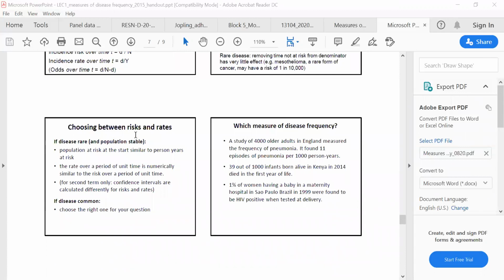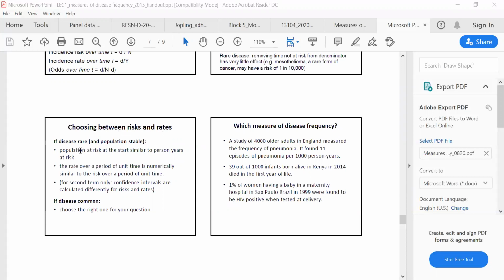Then this one, we are just trying to explain when you use risk or rates. If a disease is rare and the population is stable, so remember, if the population is not changing and the disease is rare, usually a risk and a rate always give you the same value.